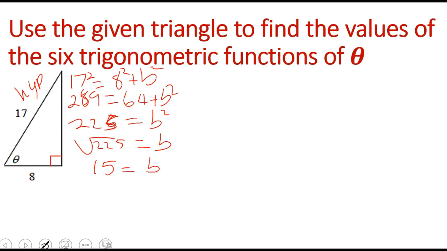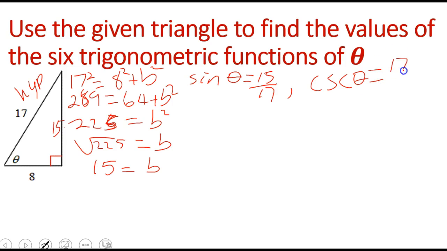So now that we know this side is 15, we can write our trig ratios. Sine theta is opposite, which is 15, over hypotenuse, which is 17. Cosecant theta is, you flip it, 17 over 15.